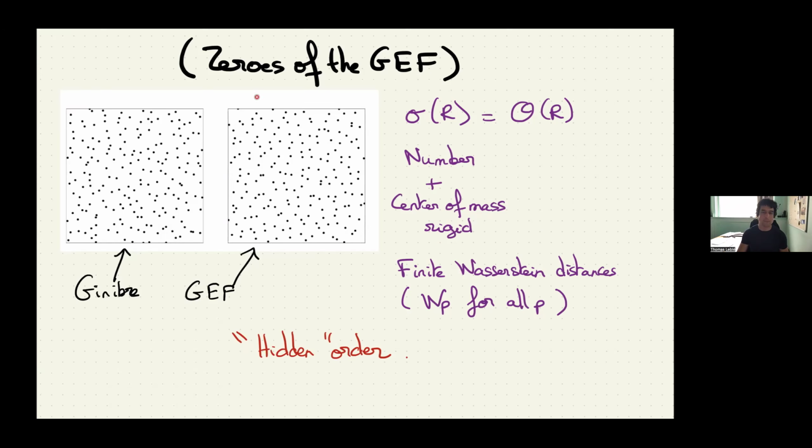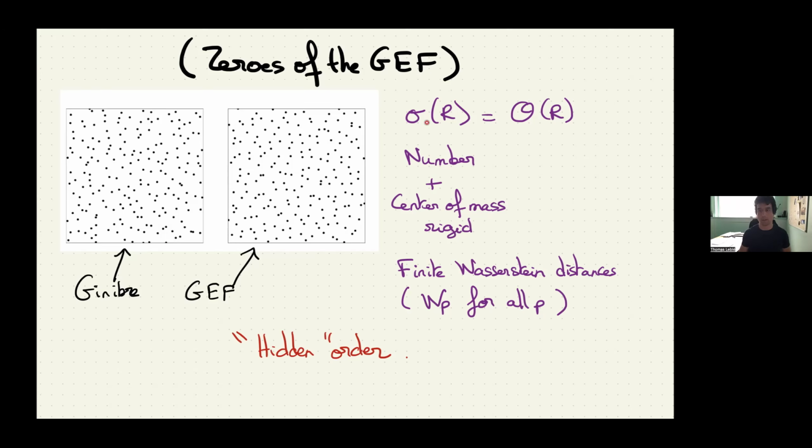But if you look at it, where's the order, right? Does it look like a lattice to you? Not at all. And yet it has all these very good properties that lattices have. So there's this kind of hidden order, and this notion of hyperuniformity, for example, the growth of the number variance, has been studied a lot by theoretical chemists.